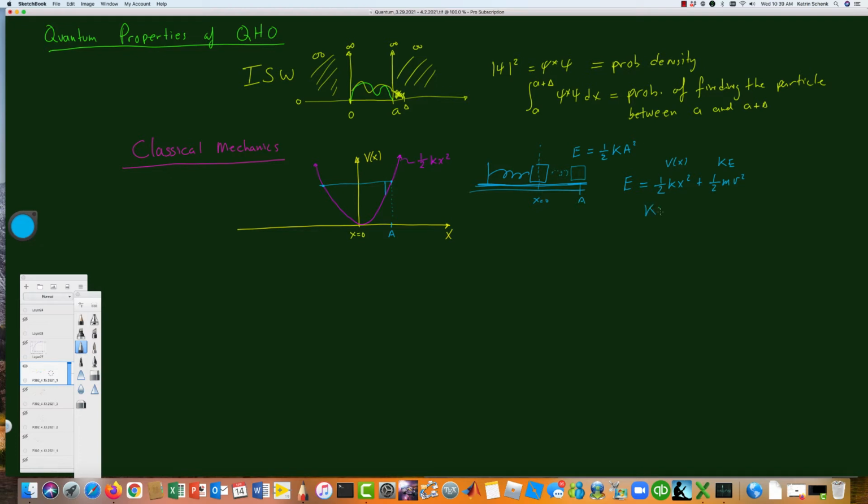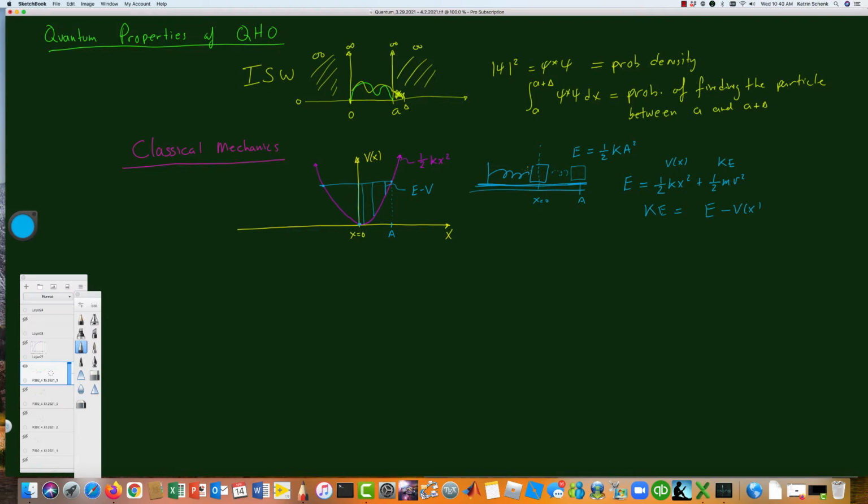The KE is equal to E minus V of x. And that's this little blue line here, the blue distance, E minus V. As it heads back to the middle, it's gaining more and more kinetic energy until it gets its maximum here. This is the maximum kinetic energy when the potential energy is 0.